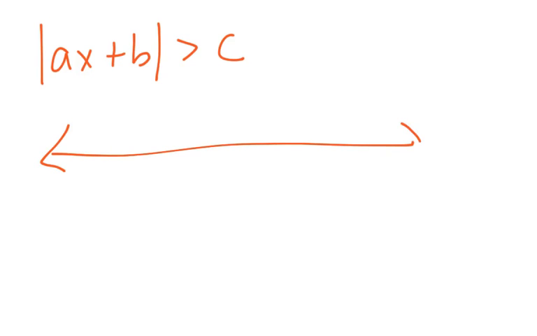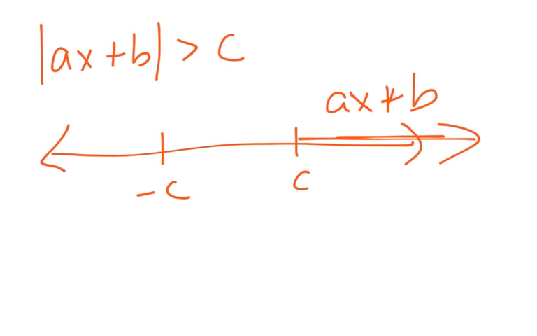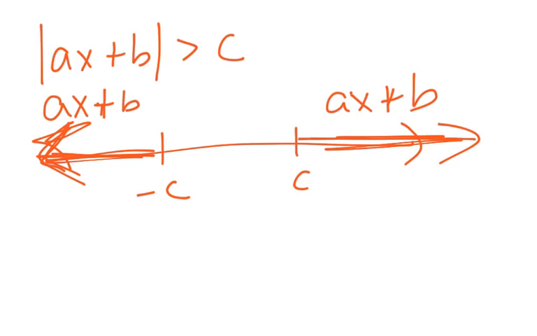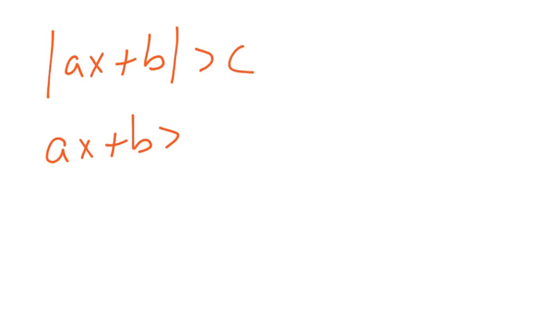And geometrically speaking, that means the expression ax plus b is greater than c, so it's going to be over here in that direction, or less than negative c, which goes in that direction, which in turn allows the setup of absolute value of ax plus b greater than c is ax plus b greater than c, or ax plus b is less than negative c. Okay? Now, let's just go through and solve some examples.